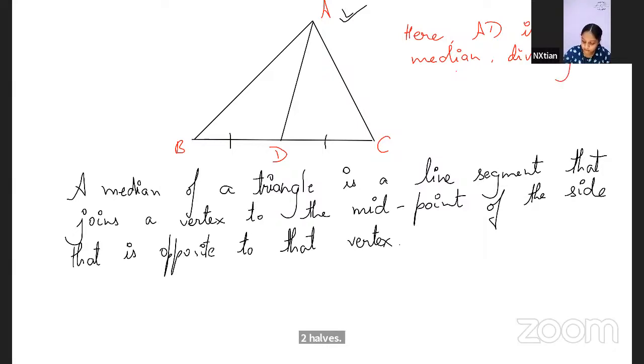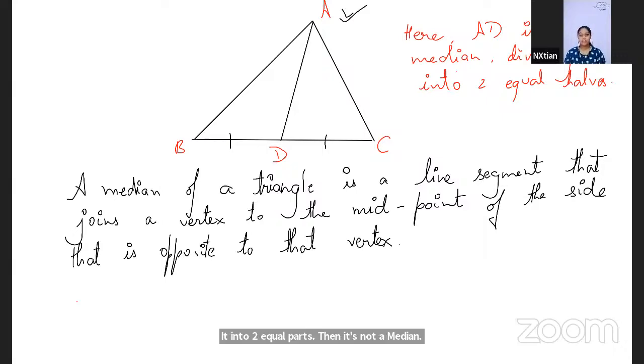So if there is a line segment that is cutting a triangle and it's not dividing the side into two equal parts, then it's not a median. We'll come to that soon.